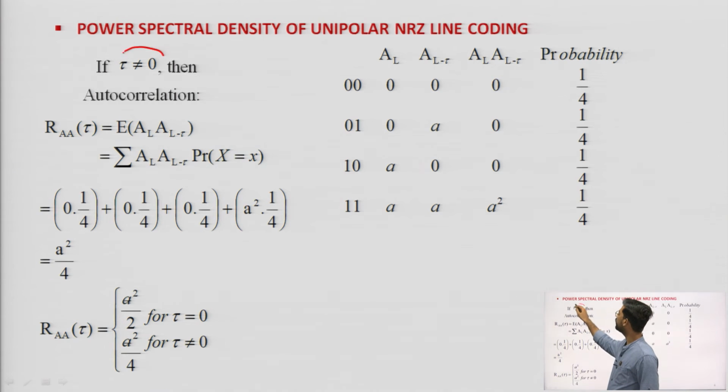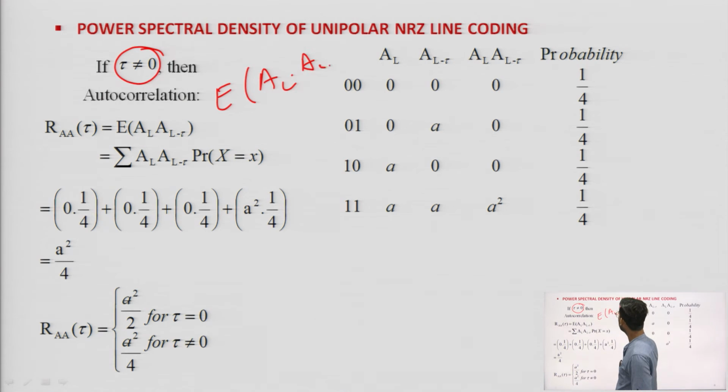Now, if tau is not equal to 0, what will happen? Then the autocorrelation, instead of the expectation of A_L multiplied by A_L, is the expectation of A_L multiplied by A_L minus tau. Whatever is inside the expectation operator, I will write that, along with the probability of that input.